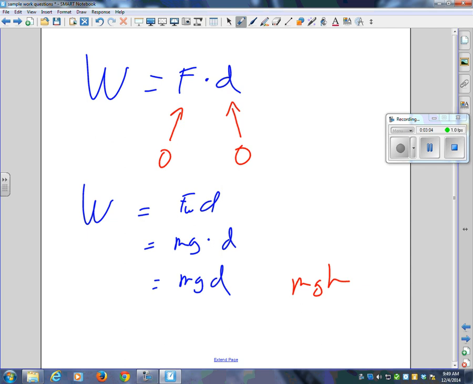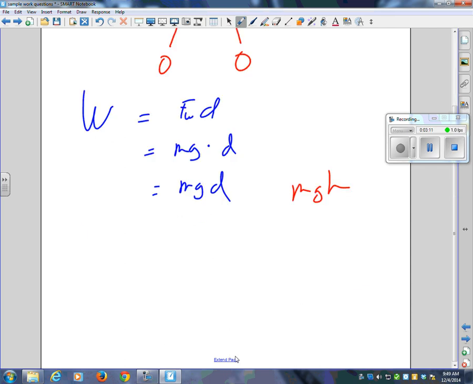Yes, but what's the difference? We've got weight force down, and we'll call it an applied force up, but what direction is the distance? Here's another rule: the distance and the force must be in the same direction.